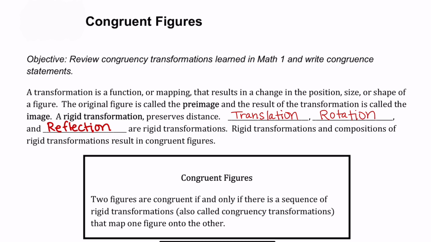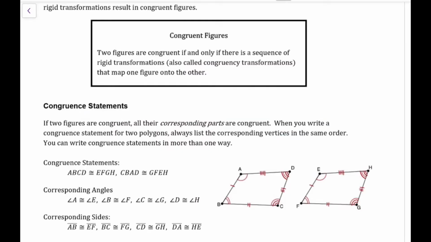Rigid transformations and compositions of rigid transformations result in congruent figures. So if I move it around, if I rotate it, or if I reflect it, all of those are considered congruent. Two figures are congruent if there are some steps that make it so that one figure can map onto another figure.